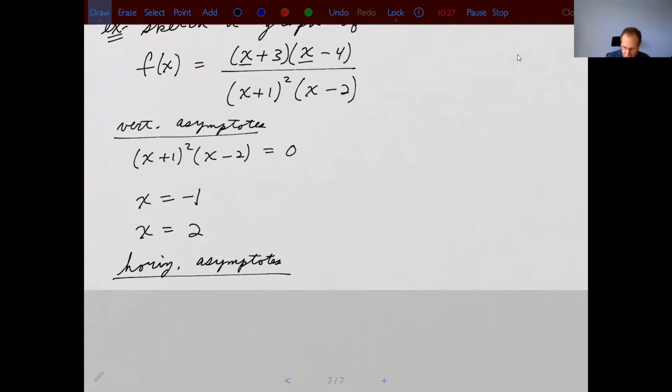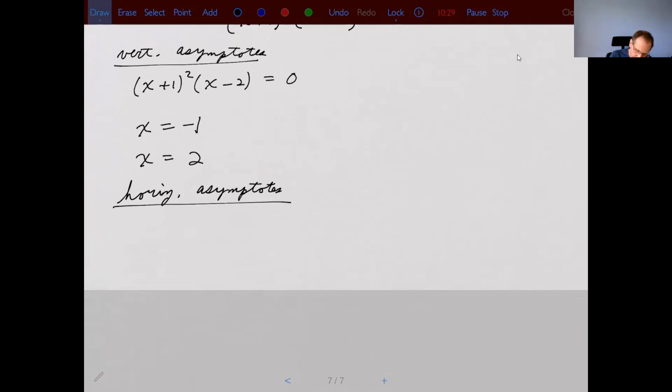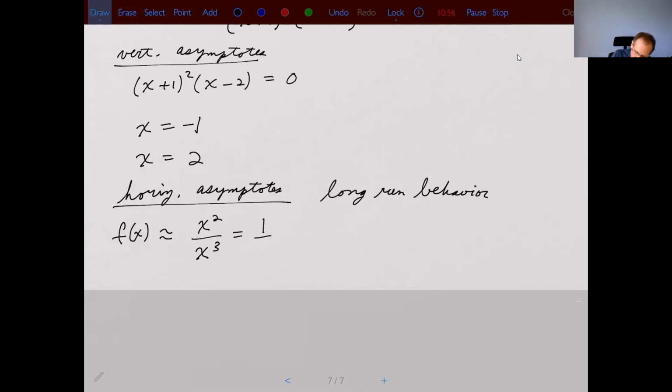It looks like x cubed, right? When we're talking about horizontal asymptotes, we're only considering long-run behavior. So the leading term of the numerator is x squared, of the denominator it's x cubed, but this is the same as 1 over x, because the x squared will cancel.